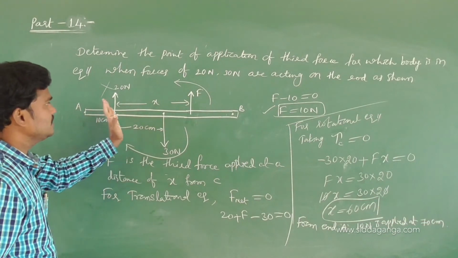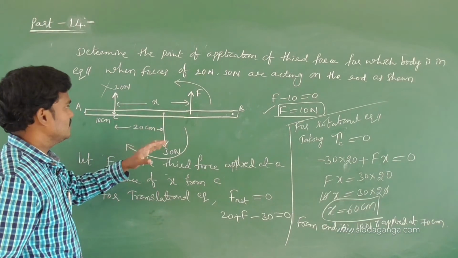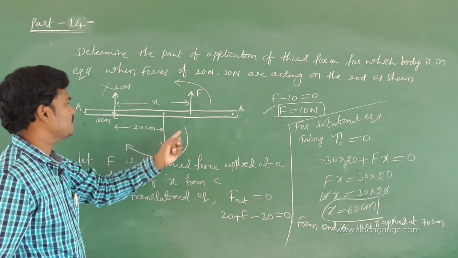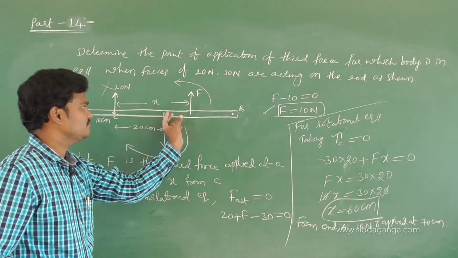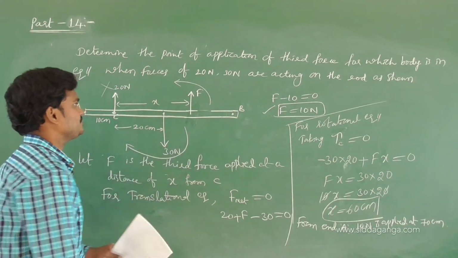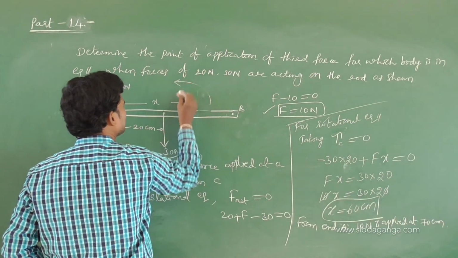Okay, from C 60, and from this midpoint this is 20, this is 40. You would draw a little more, this is not a problem.